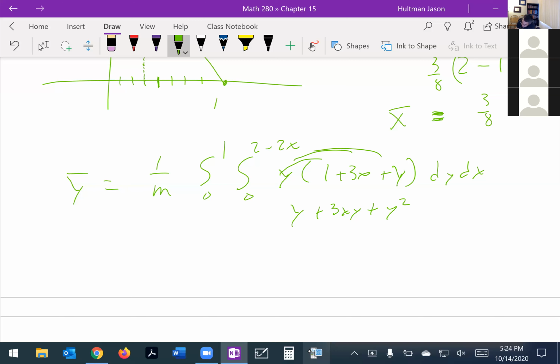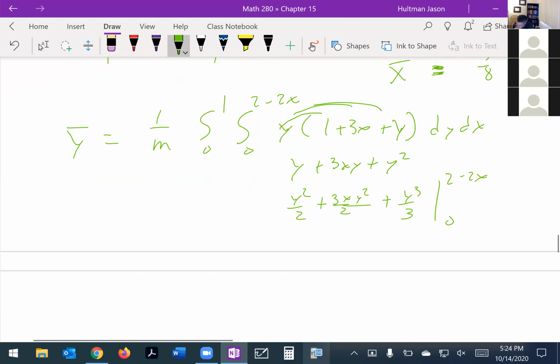Now let's integrate that with respect to y. This is y squared over 2 plus 3 halves x y squared over 2 plus y cubed over 3, evaluated from 0 to 2 minus 2x.